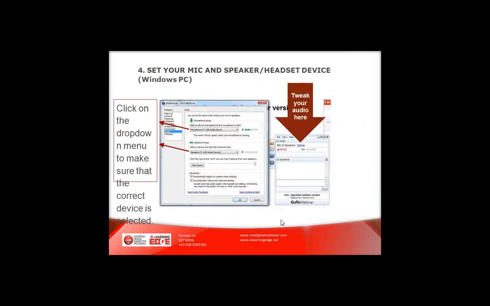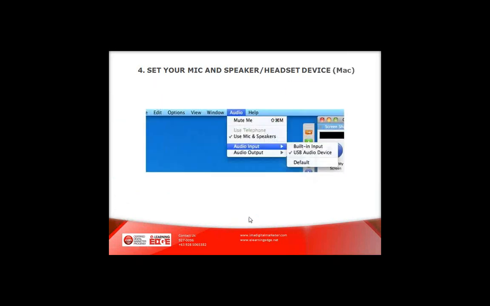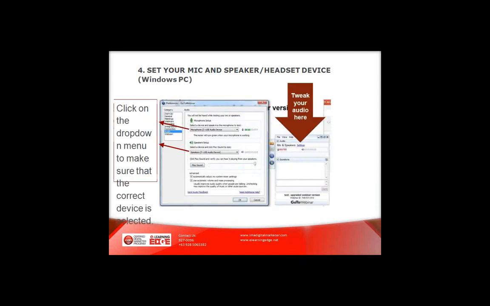To tweak your audio, click the audio setup link and another window will appear where you can select and set up the type of mic you're using by clicking on the drop-down menu. That goes the same for the speaker setup also. To make sure that your mic is working, the bars beside the mic icon should have green lights going back and forth once you start talking.